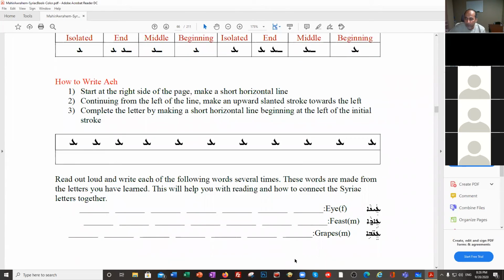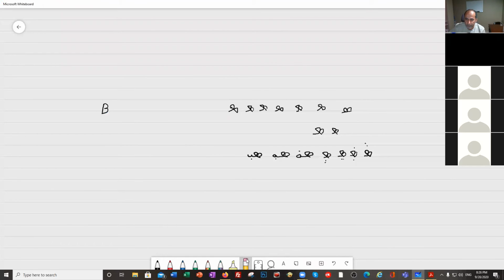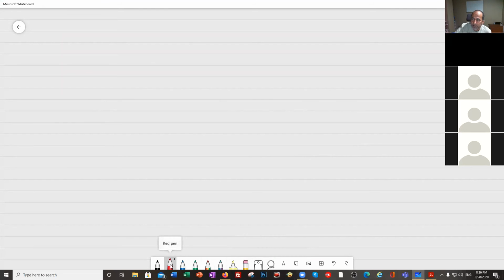And how are we going to write ain? Ain, okay, it's above the line. I'm going to have this line like this and then bring this one straight. Sorry for my writing here. Again, make sure gamal was like this.